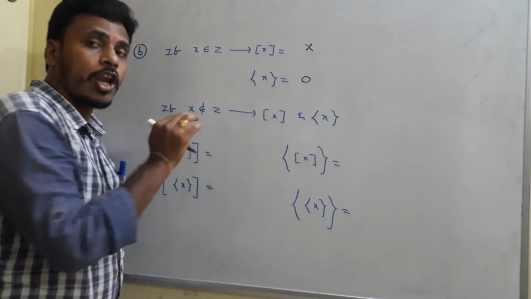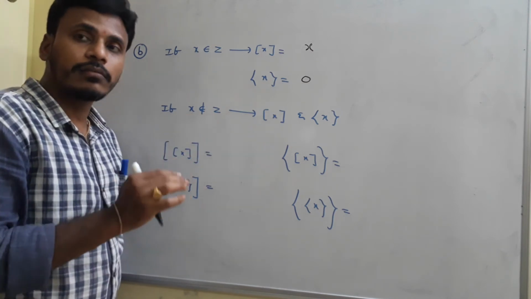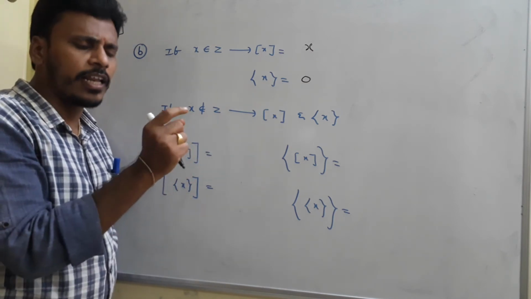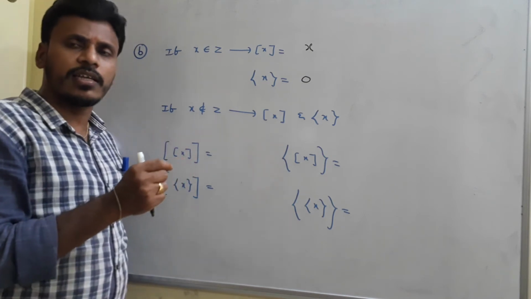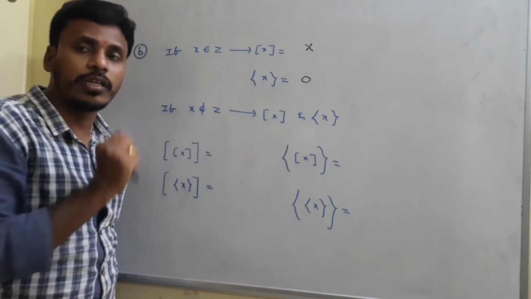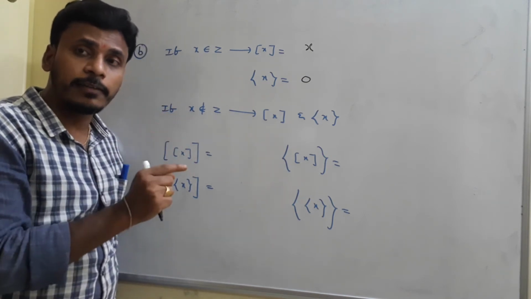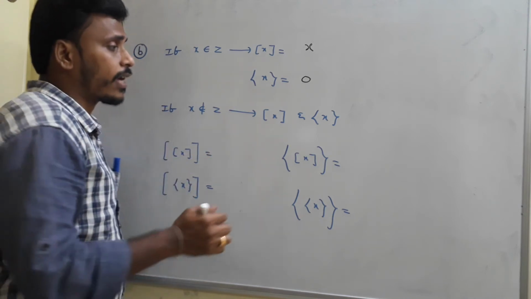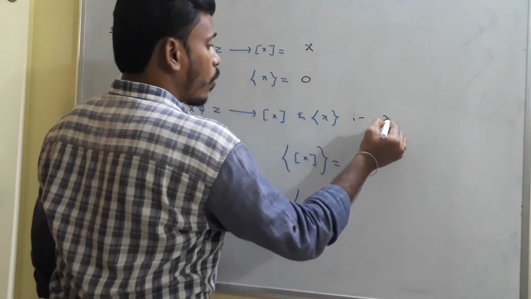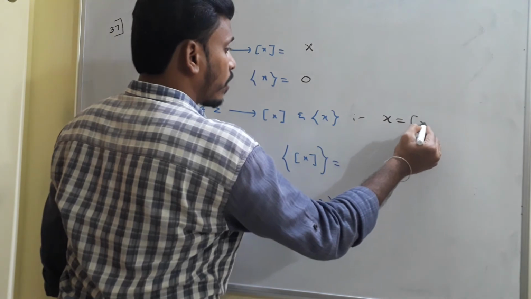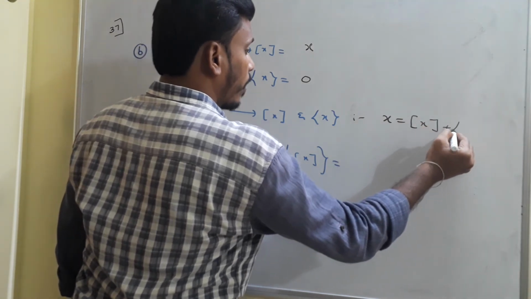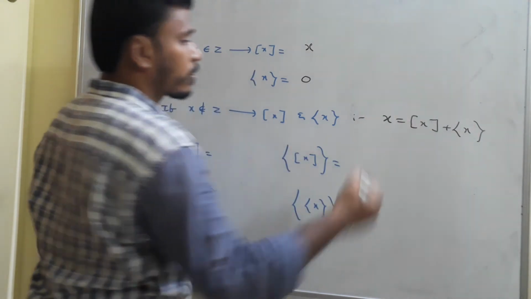Whereas if x is not an integer, then x lies between two integers, and from there we find [x] as well as the fractional part of x. In that case we have one particular rule: x equals [x] plus the fractional part of x.